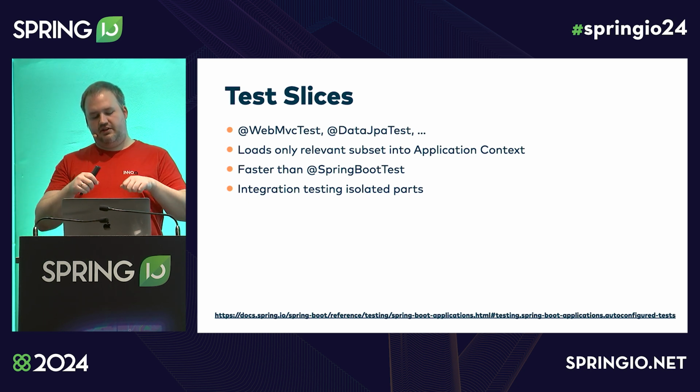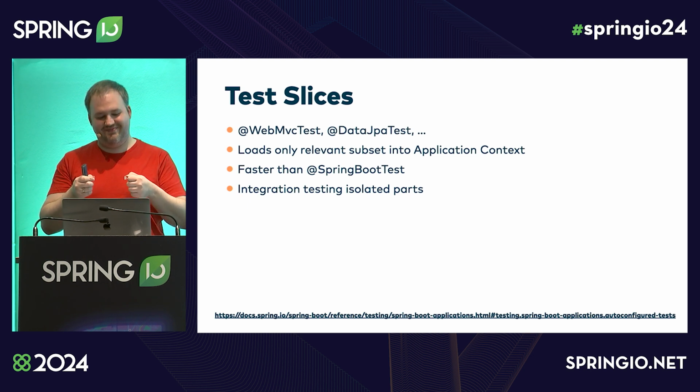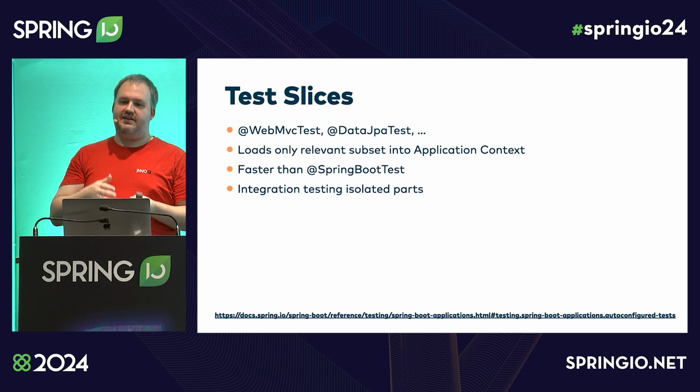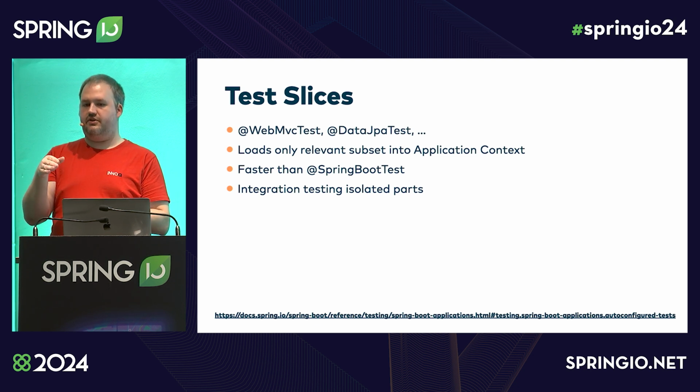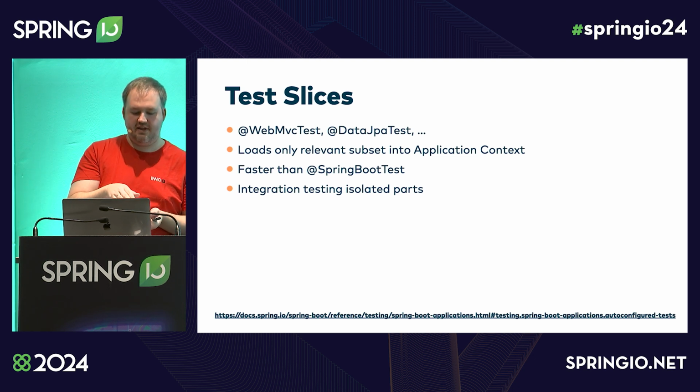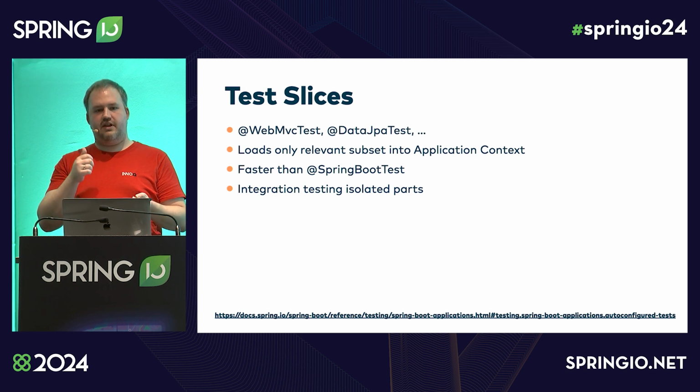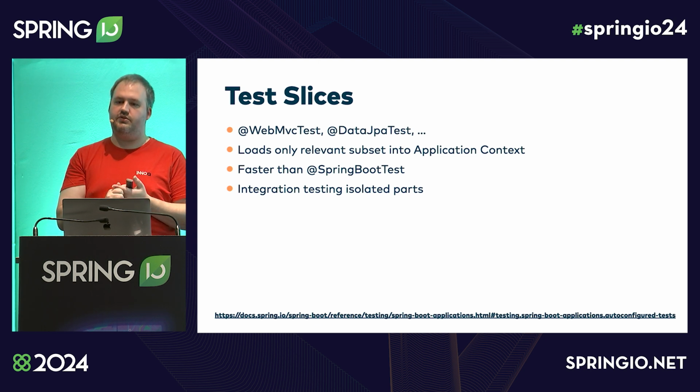What that does is it does not load the complete application context, it just loads a part of it. For example, the WebMvcTest only loads stuff annotated with @Controller or @RestController, some JSON-related beans, maybe some web filters, but it would not load your repositories or your components or your services.